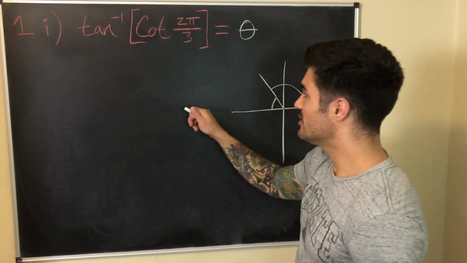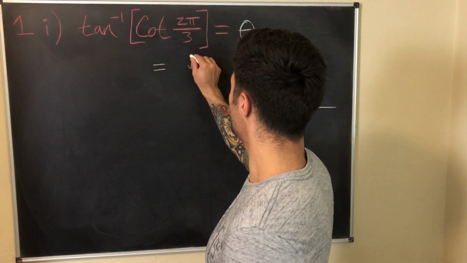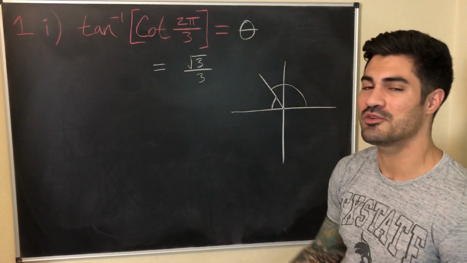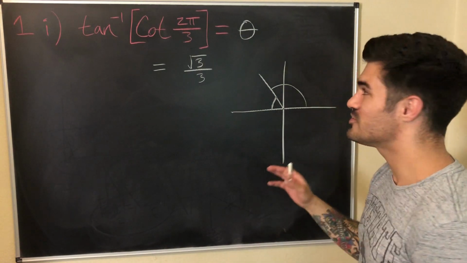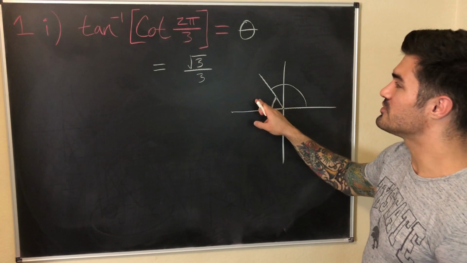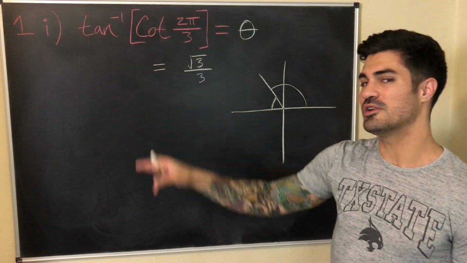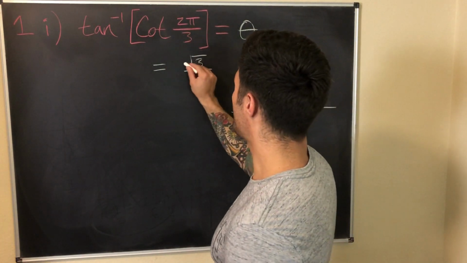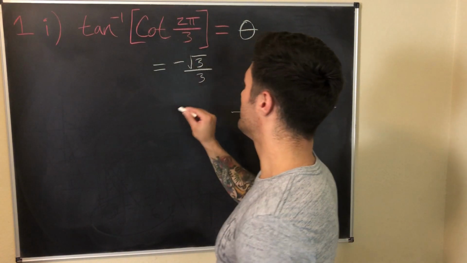So this is equal to either positive or negative root 3 over 3. That's how reference angles work. They tell us the value, but they don't tell us whether it's positive or negative. We have to determine that by the quadrant, right? So we're here in the second quadrant. Is cotangent positive or negative in the second quadrant? It's negative. So cotangent of 2 pi over 3 equals negative root 3 over 3.